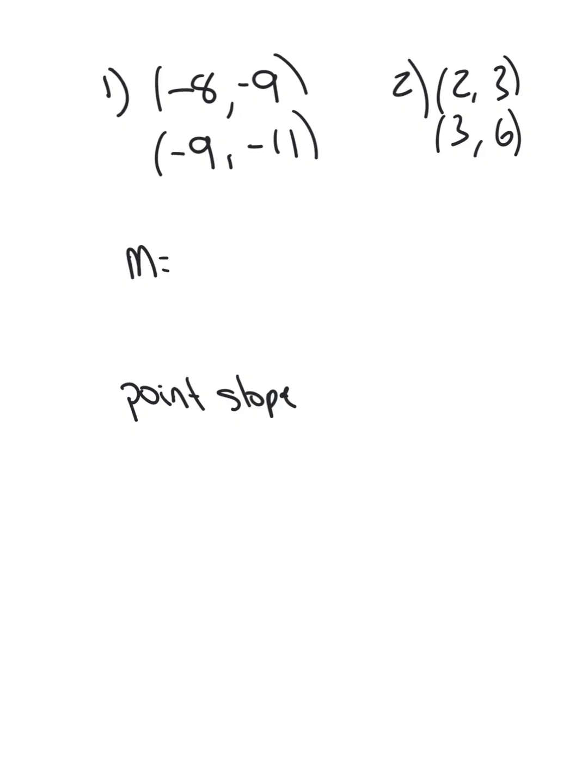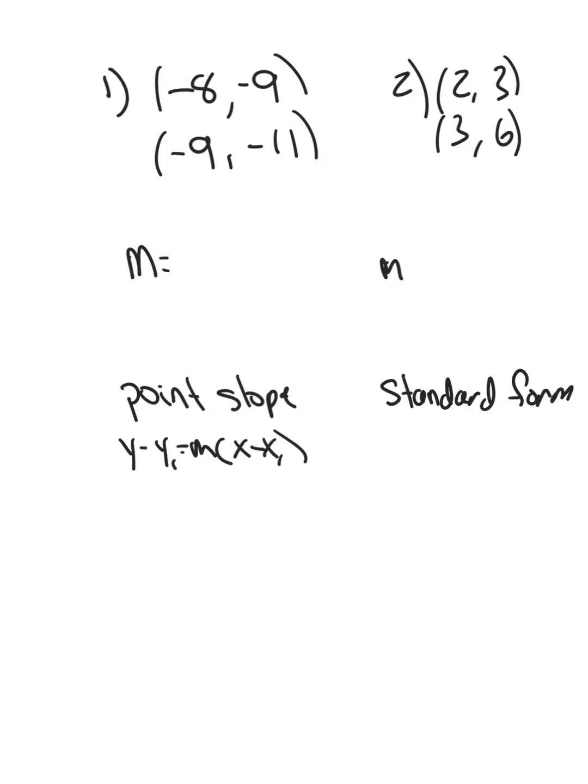And then number 2, it wants the same thing, the slope, but it wants it in standard form. Okay, so you have your formulas. Point slope is y minus y1 equals m times x minus x1, and standard is ax plus by equals c.